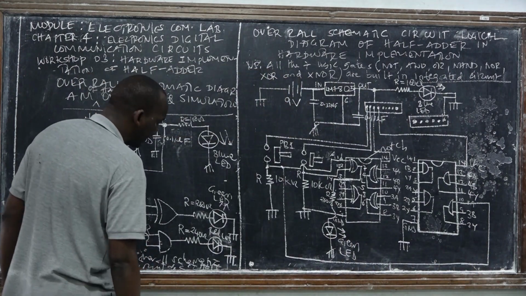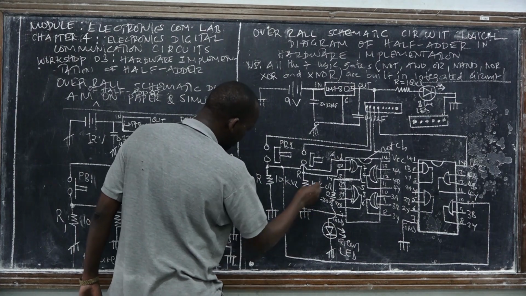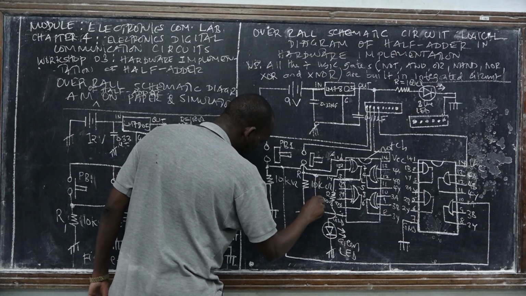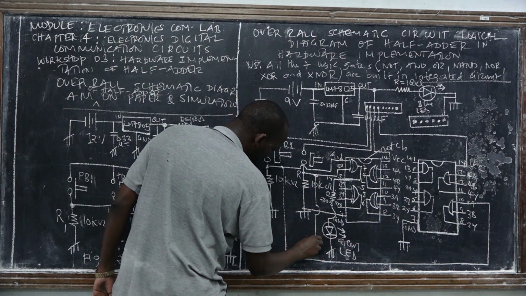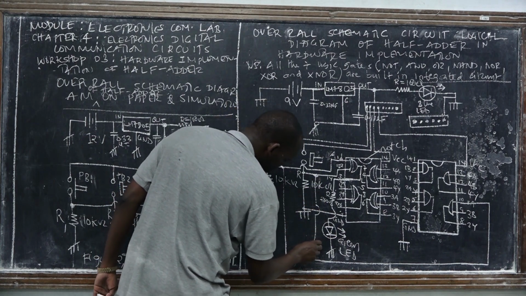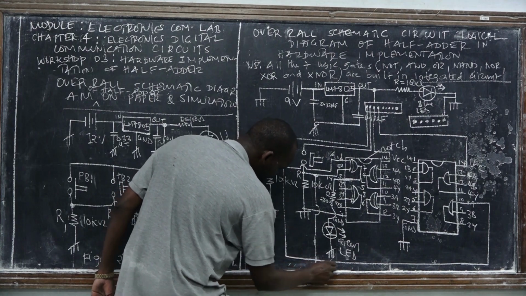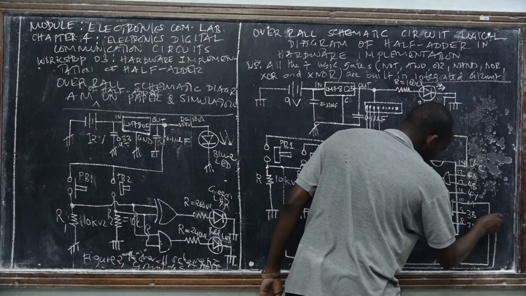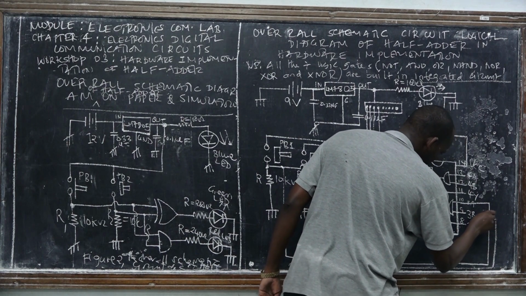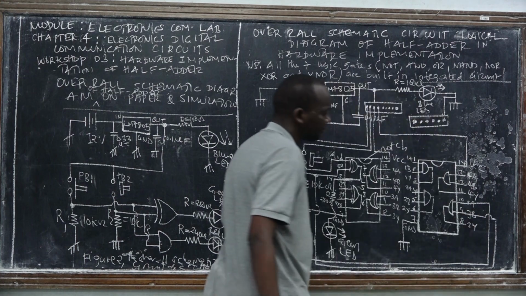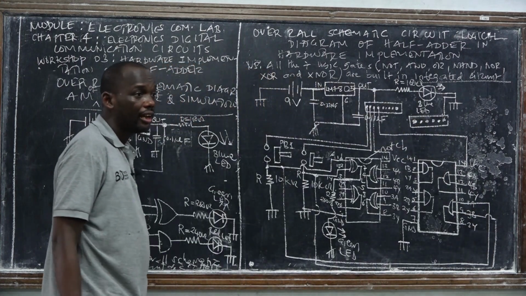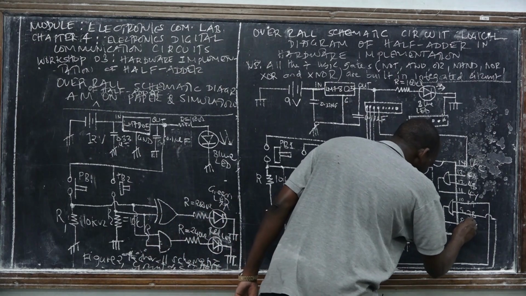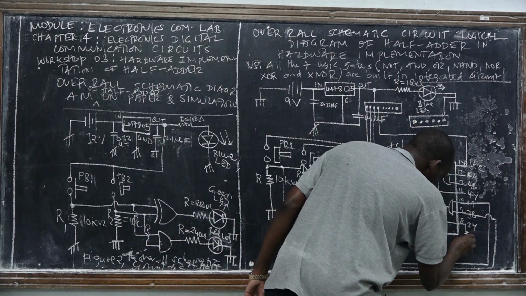And then we need again another input, called input B. Okay? Okay? The LED is drawn. Why? You know the reason.